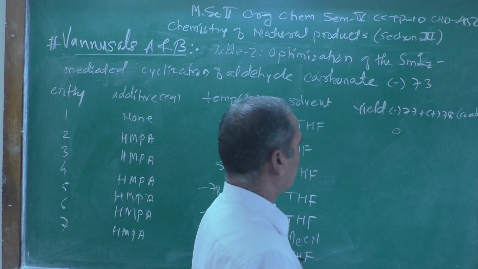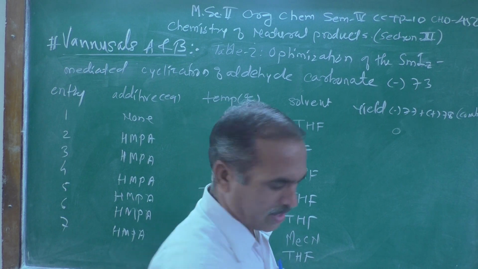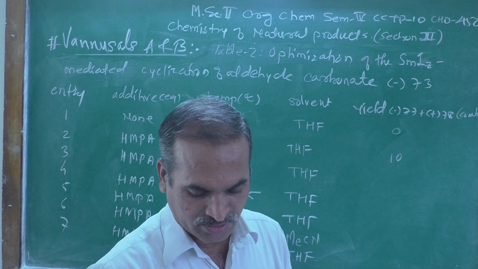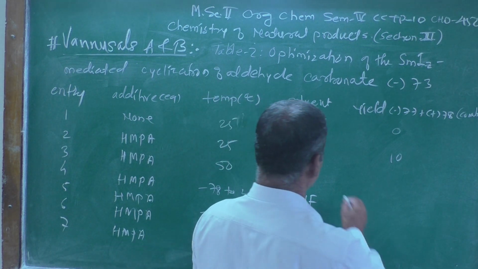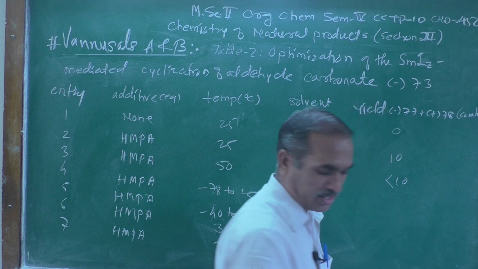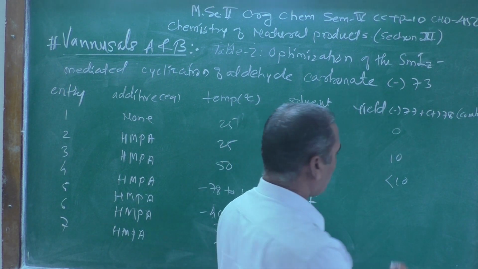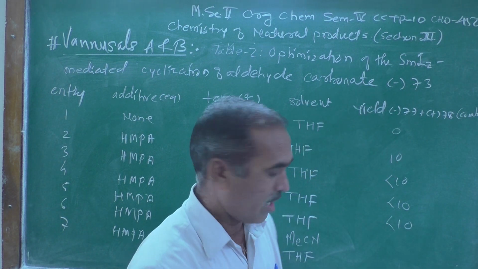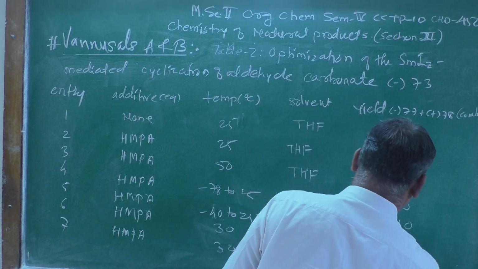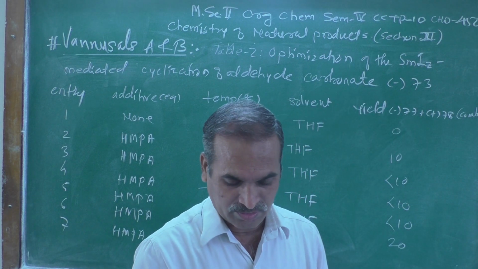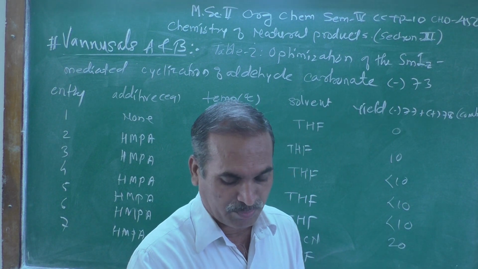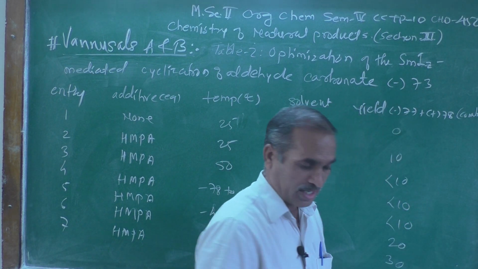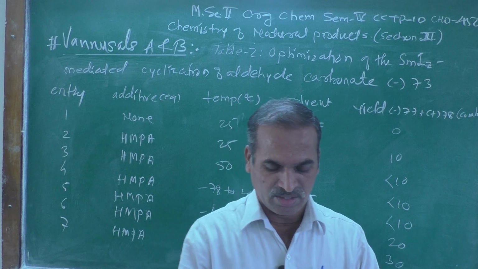The combined yield in the first is 0, then in the second entry they got 10, then in the third entry less than 10, the fourth again less than 10, the fifth again less than 10, then in the second last they got a combined yield of approximately 20, and in the final entry they got about 30.